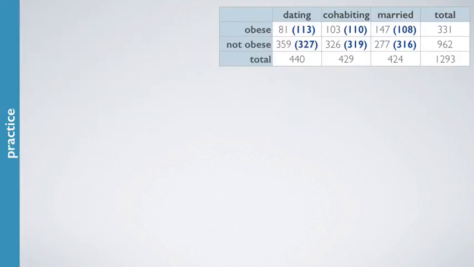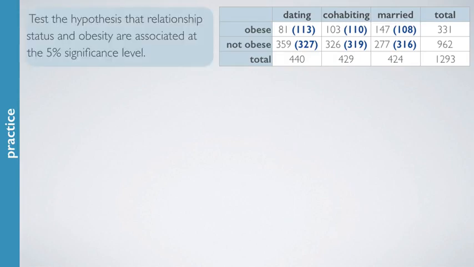Here's our data table once again with all the expected counts filled in, some of which we've calculated together, some of which we haven't. We want to use these data to test the hypothesis that relationship status and obesity are associated at the 5% significance level. To do so, we need a chi-square statistic.